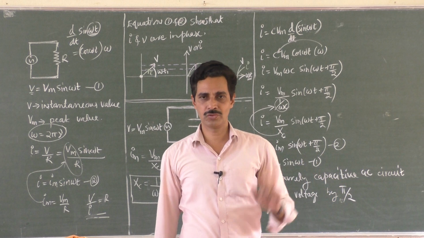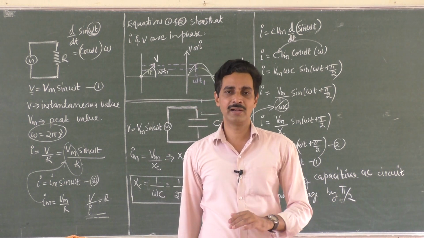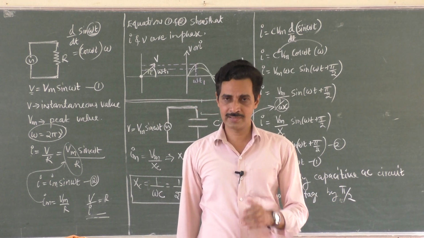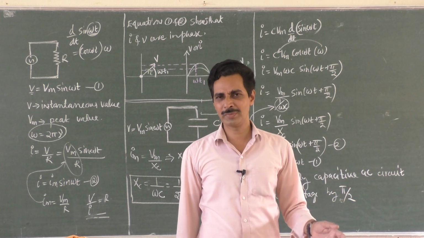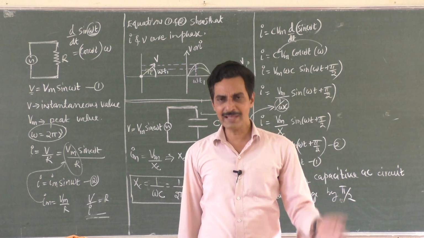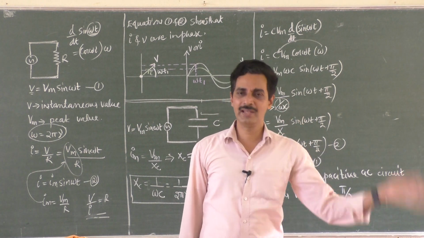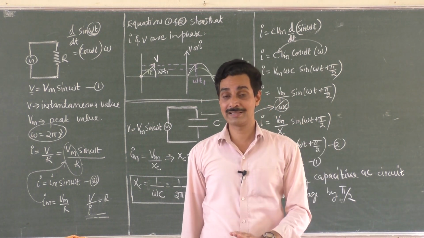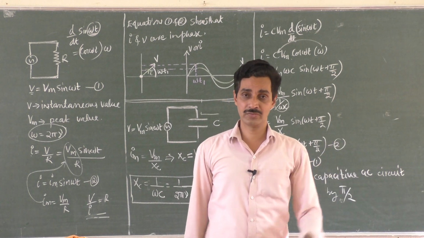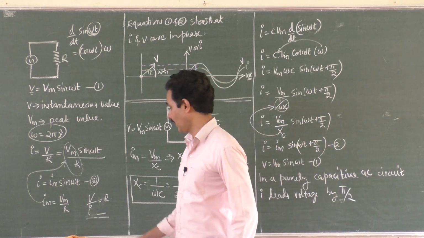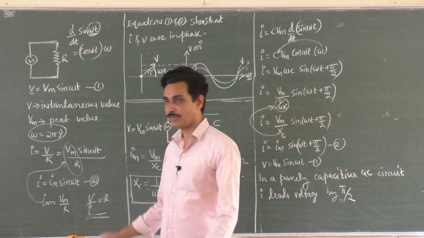It doesn't depend on the source. So even if you connect a 100 ohm resistor to a 10 volt battery or a 5 volt battery or a 6 volt battery or a 500 volt AC source or 500 volt DC source, whatever it is, its resistance remains constant. It doesn't depend on the battery across which it is connected. So that's why we had R equal to V by I formula only.